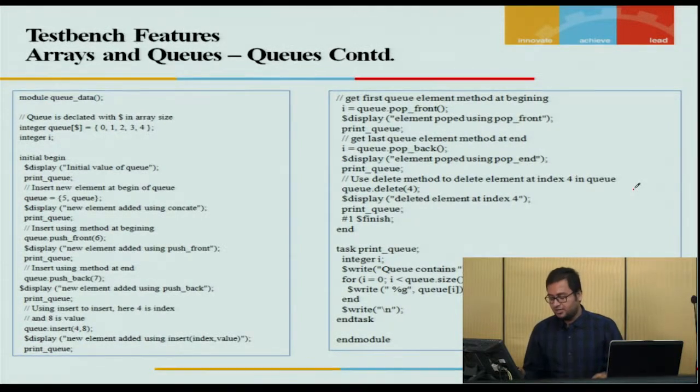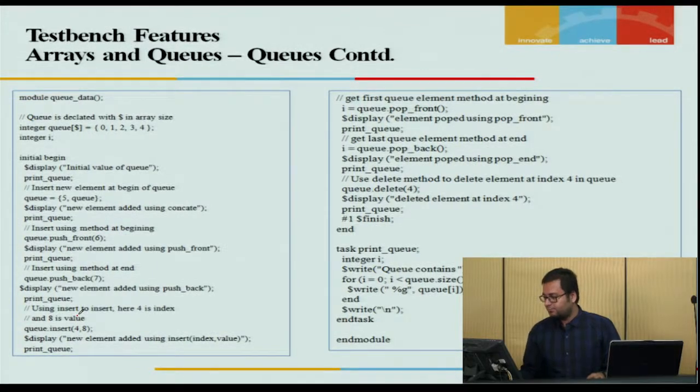Then you are using queue dot push back 7, so this will add 7 to the end of the queue. Then you are displaying it. Then you are inserting with queue dot insert 4,8. So at the fourth location 8 will be inserted. Here 4 is the index and 8 is the value.